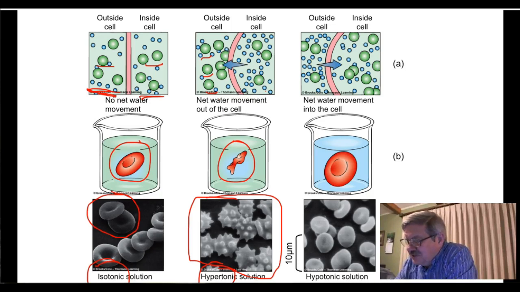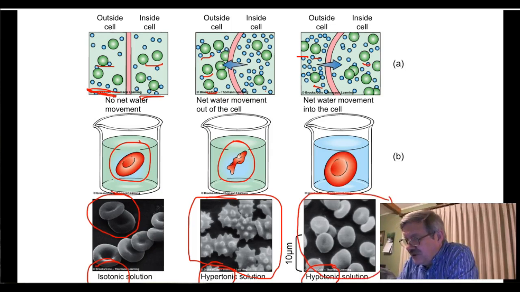Okay, this last one is a hypotonic solution. Hypo means below. The amount of salt or sugar, the amount of solute out here in the solution is less than what we have inside the cell. So water moves into the cell, and the cell gains water, and you can see some of these red blood cells right here that look somewhat inflated, which they are.